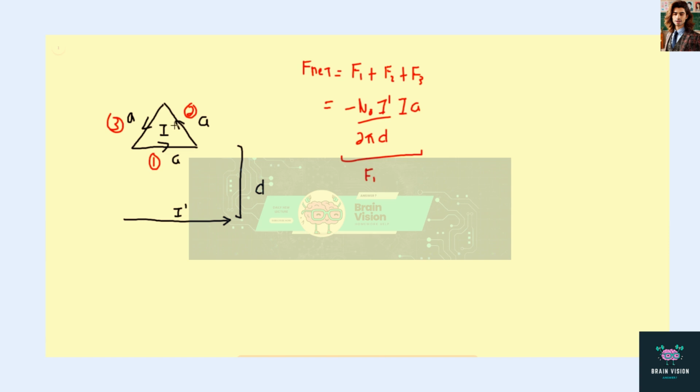But we can see there's a net horizontal current. There's current going in the negative x direction for wire 2, and there's also current going in the negative x direction from wire 3. That means there's going to be a repulsive force since the overall current is going in the opposite direction here. Also by symmetry, we can see that those two forces are going to be equal to each other.